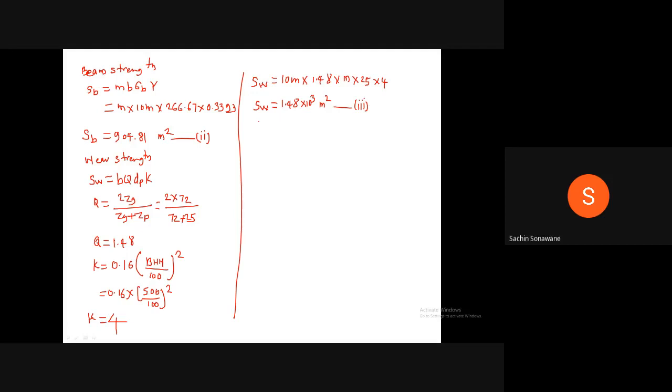Okay, whether value of SW is correct? Yes, sir. Correct. Okay. Then compare SB and SW. Therefore, write down from equations 2 and 3. Which value is less? SB is less than SW.